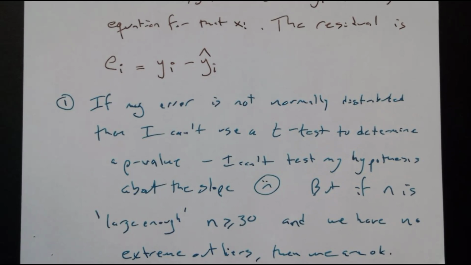Now, this is usually a very mild violation of normality. If I have extreme outliers, I might want to use a T instead of a Z. I might not be able to do the same test I normally do.